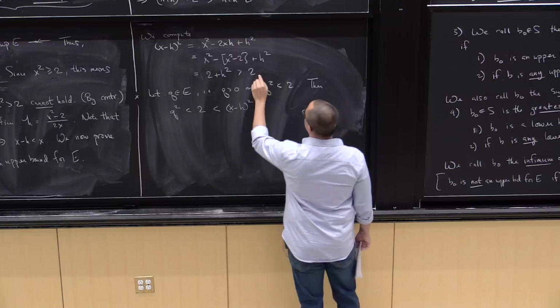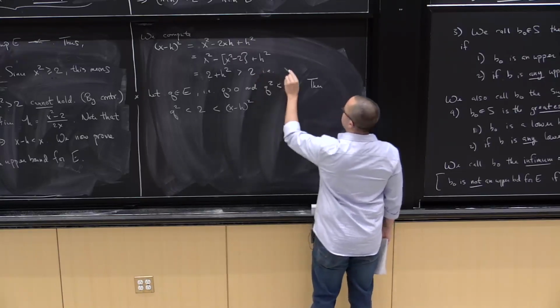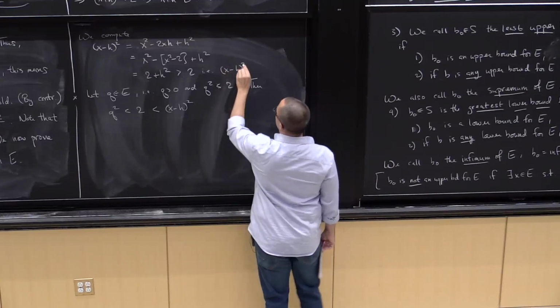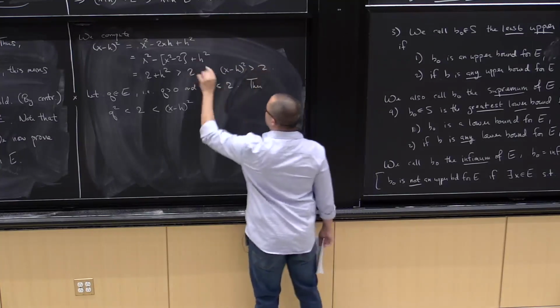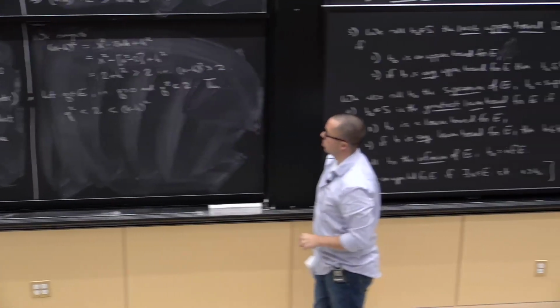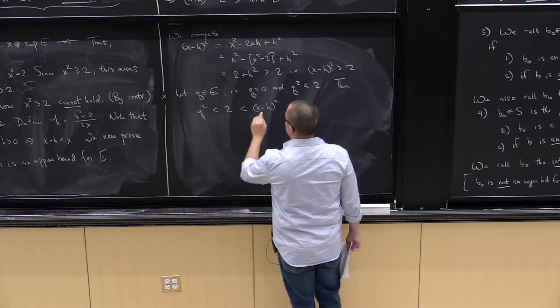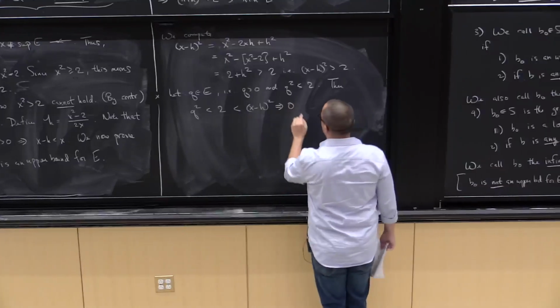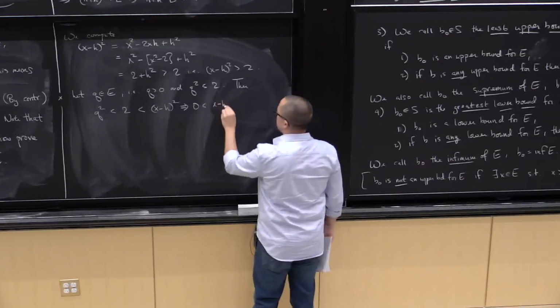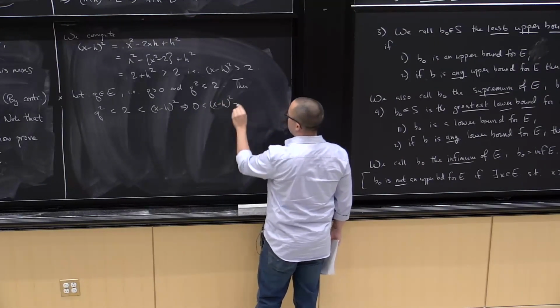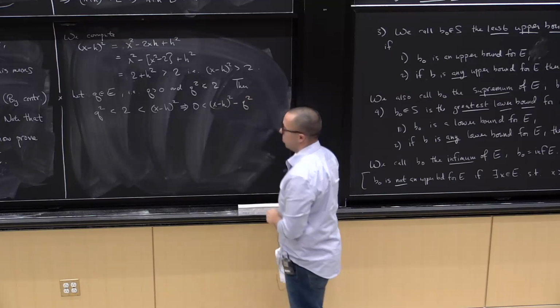Let me summarize that what we proved here was x minus h squared is bigger than 2. So we have q squared is less than 2, which is less than x minus h squared. So that means 0 is bigger than x minus h squared minus q squared.